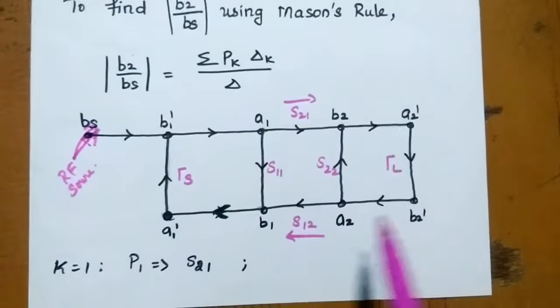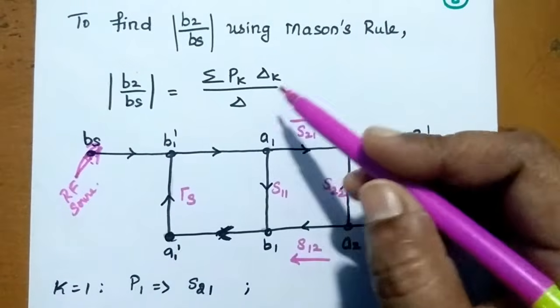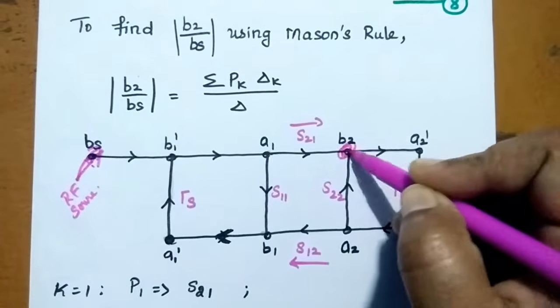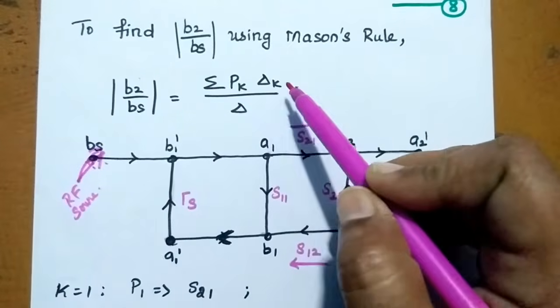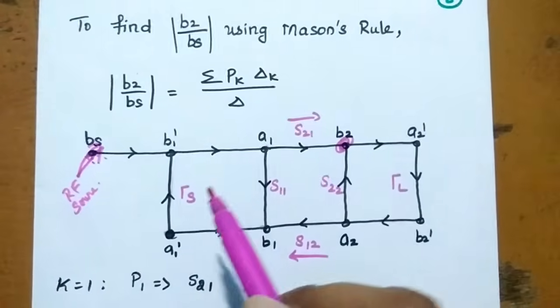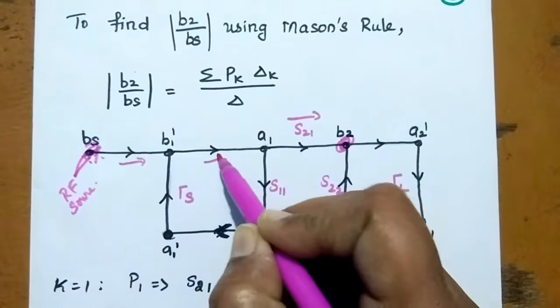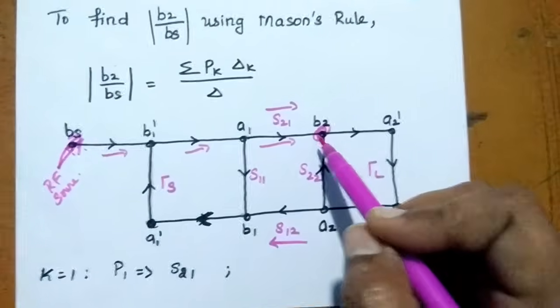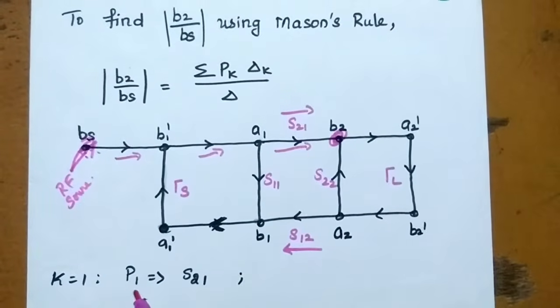Here Bs is the input side, and the output side is B2, correct? So B2 by Bs is equal to summation Pk delta K by delta. How many forward paths are there? There is only one forward path from Bs to B2, so K is equal to 1. Next, what is the value of P1?